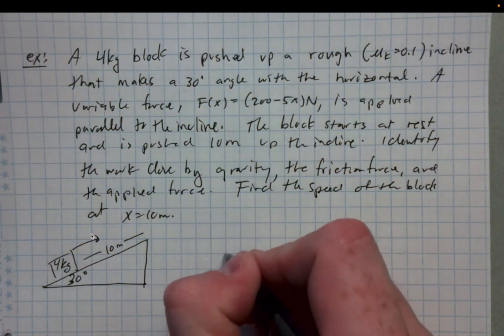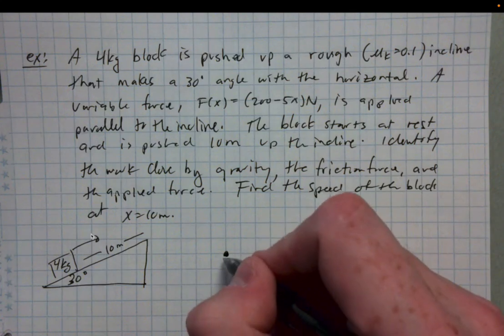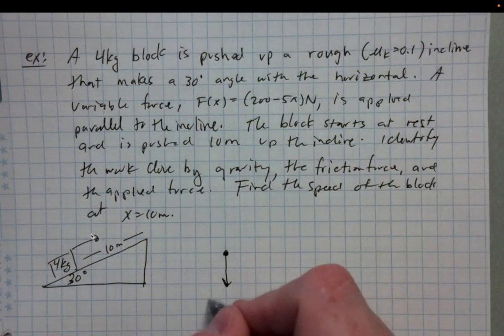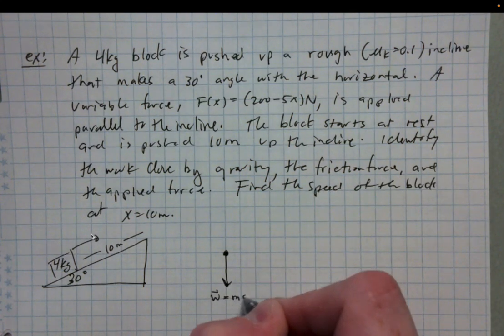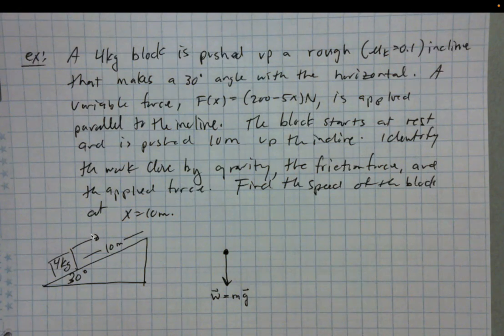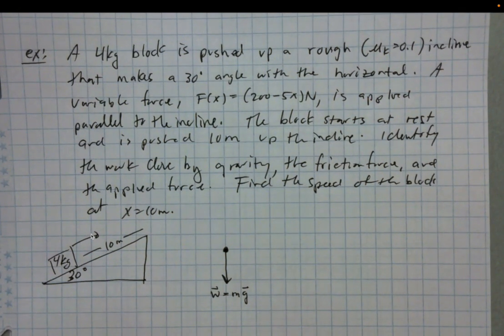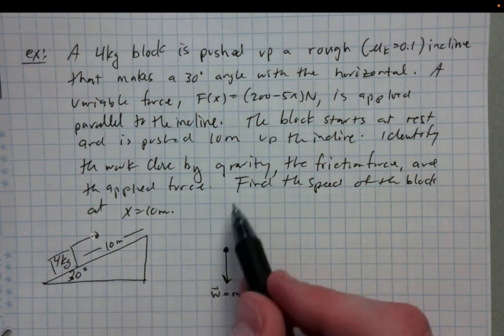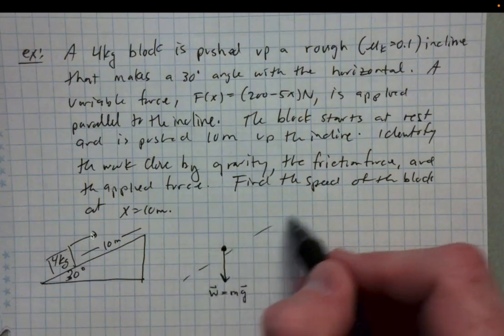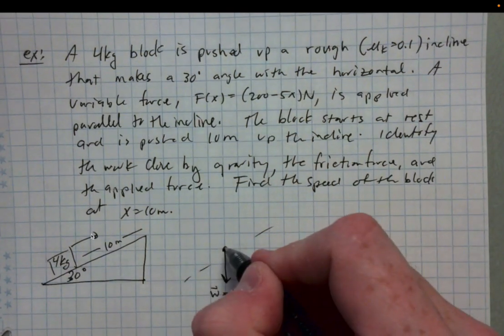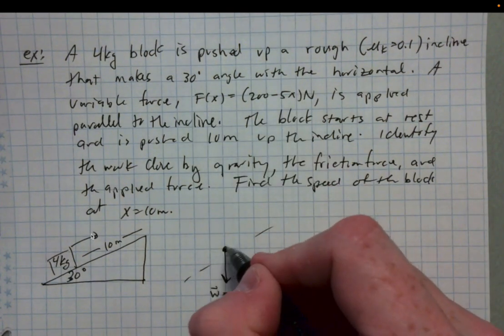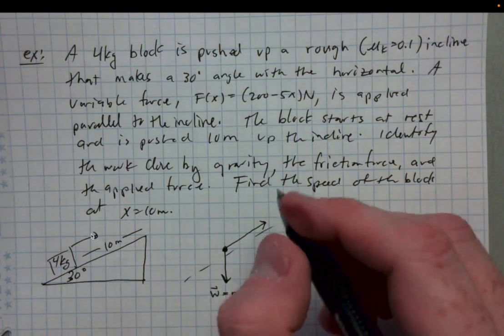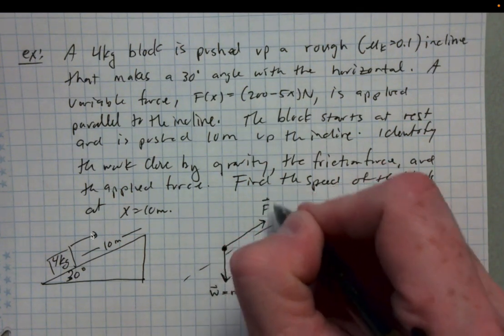So let's think about the free body diagram. So we've got the weight pulling the thing in this direction. We're pushing it up an incline, so maybe the incline is like this, right? And so we're pushing this variable force. We'll just call it F, and then I'll sub it with applied.